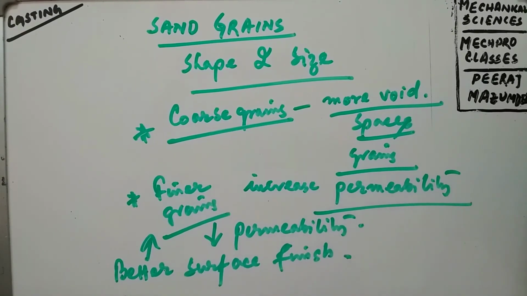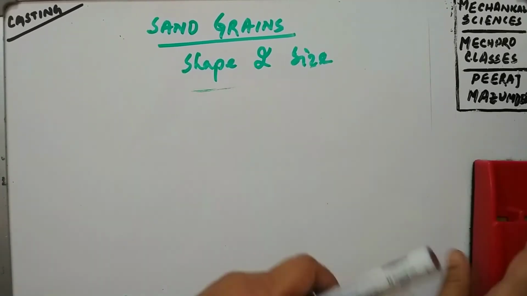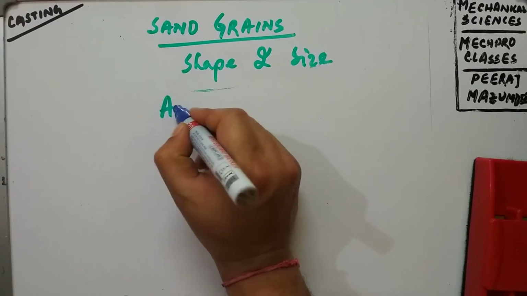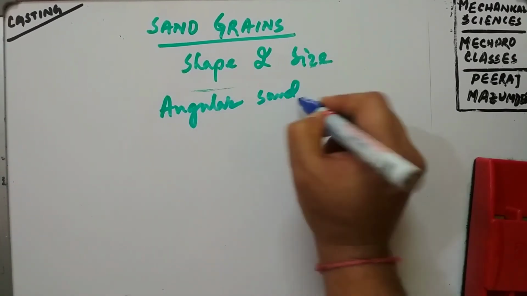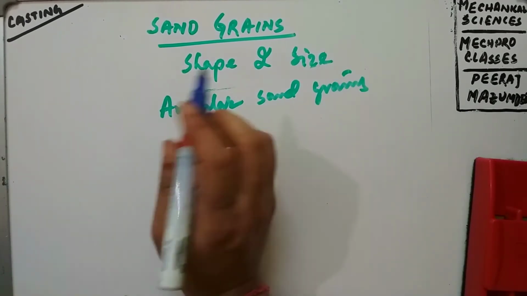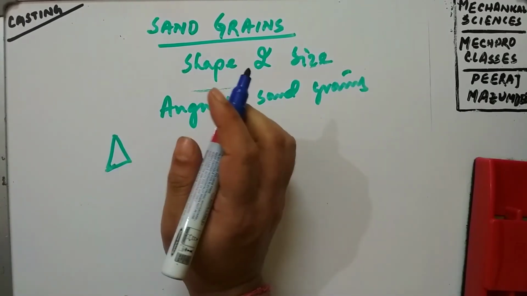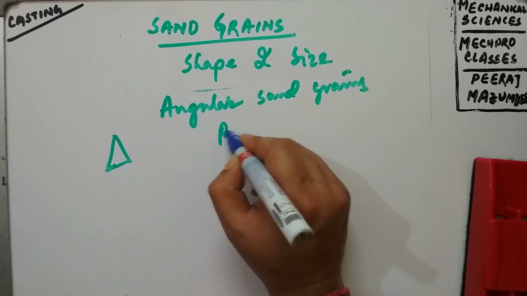Okay, now the angular one, most important, you must take a note. There are also angular sand grains. The angular sand grains have higher amounts of binders.